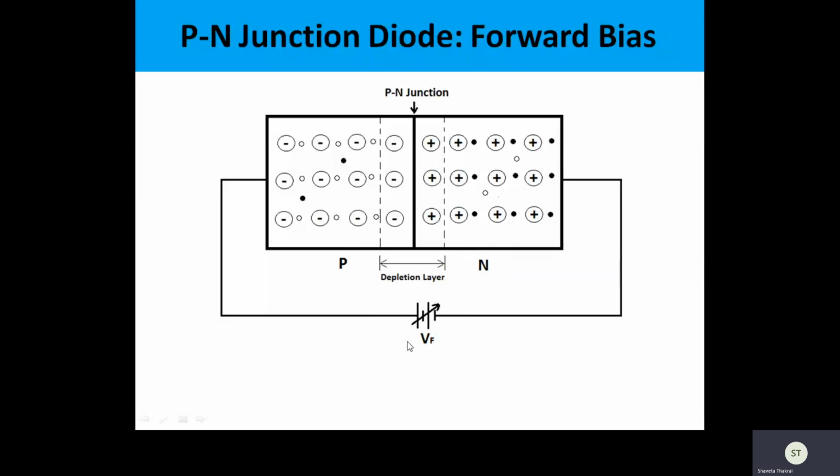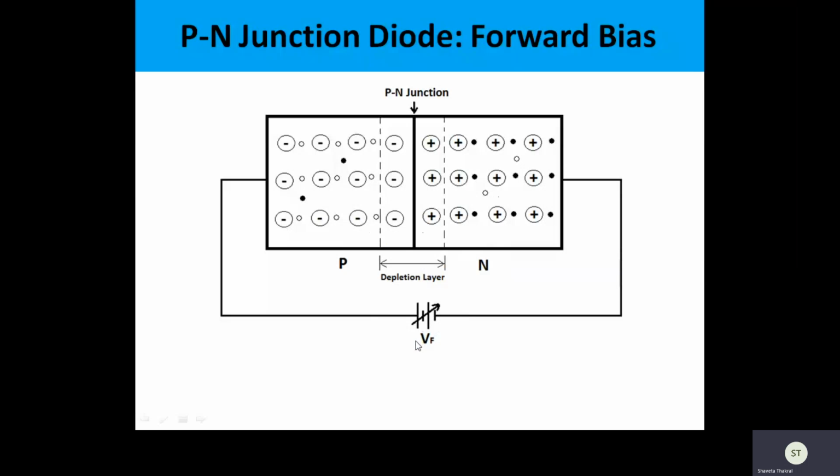So what is going to happen when this field is applied in the direction opposite to the potential barrier, as we can see here? The establishment of an external field opposite to the potential barrier will lead to breakdown of the potential barrier. So how much voltage do we need to apply to break this potential barrier?